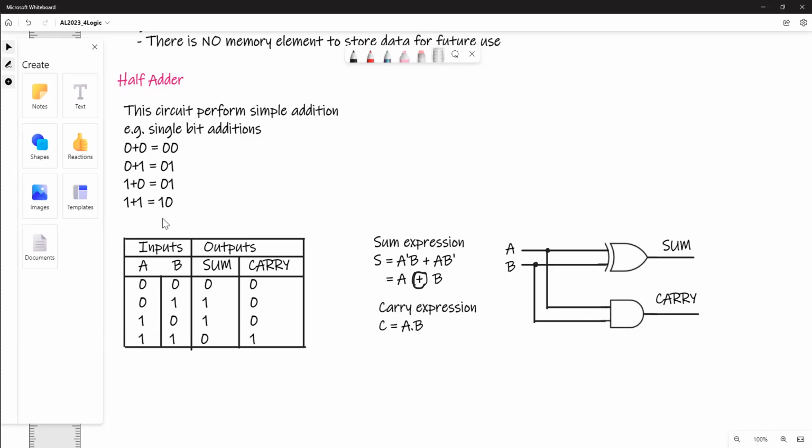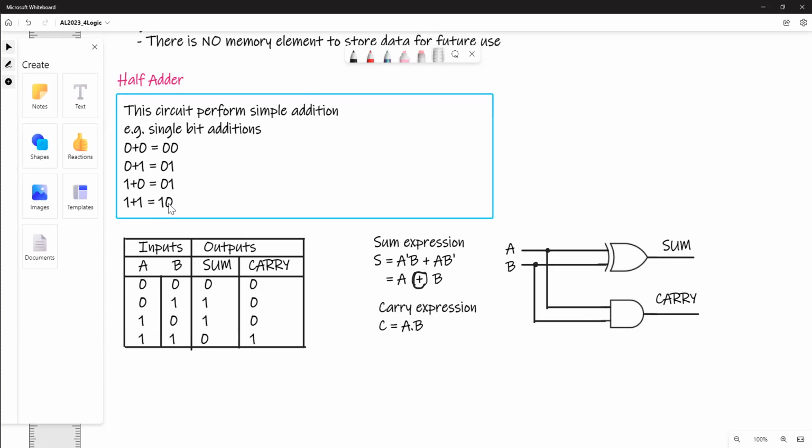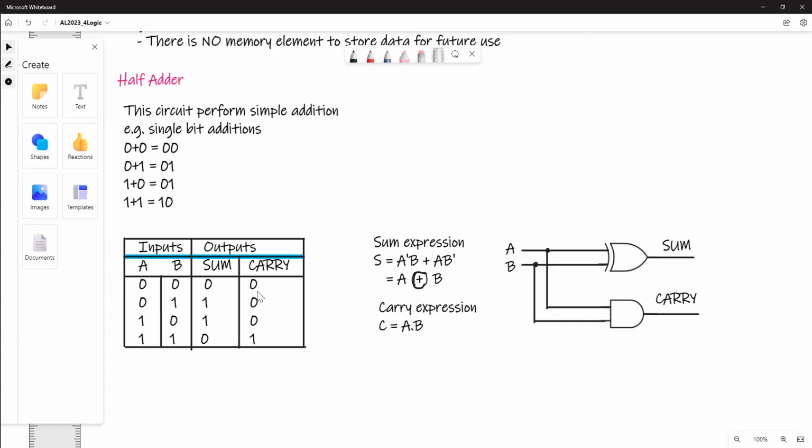So we need to use at least 2 bits. One bit is known as the sum, and the other one is the carry, because it goes to the next place, next location. So the inputs are A, B.